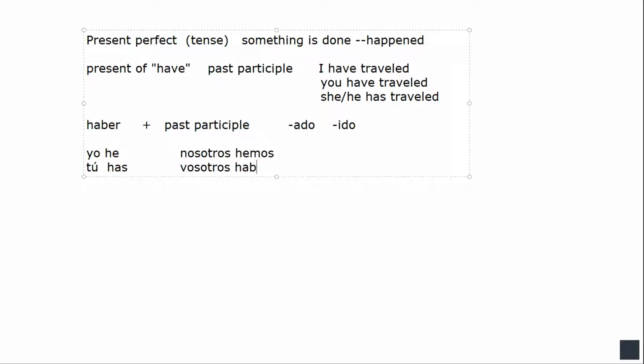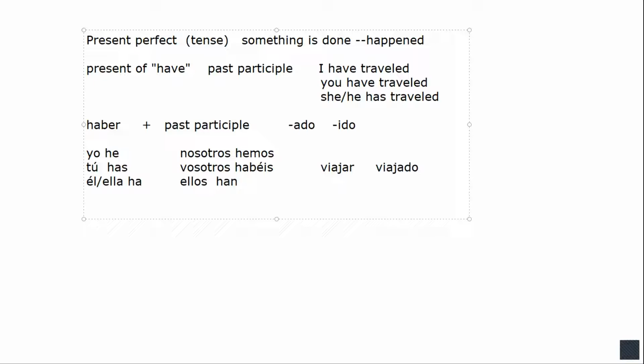Vosotros habéis, this is only if you were in Spain, but you won't need it, just so you know it is there. Él or ella ha, and it'll sound like the letter a, but it's spelled with an H. Ellos han. Okay, so viajar is an AR verb. So if you want to say traveled, the past participle form comes viajado.